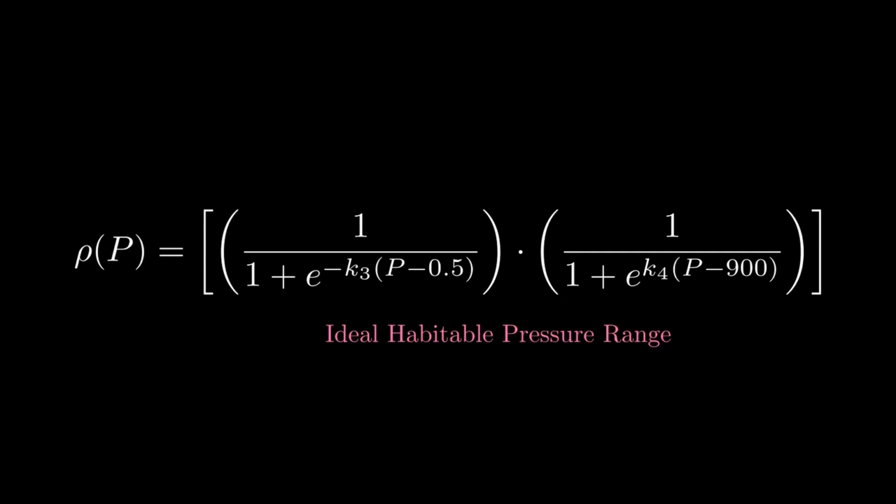Now, the lower end is going to have a much steeper falling off because very, very low pressures quickly cause systems to go awry and enter the gaseous phase, which we'll see in a moment here.